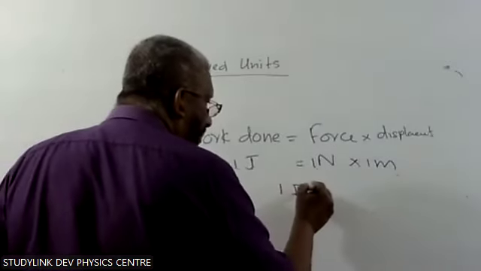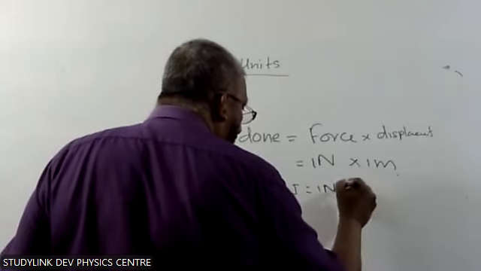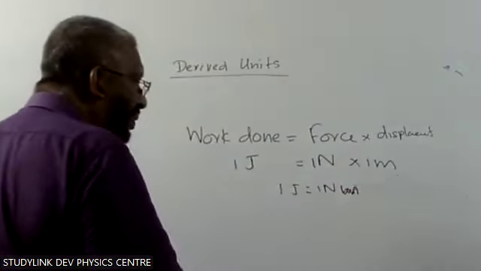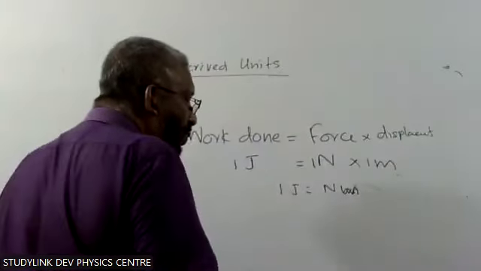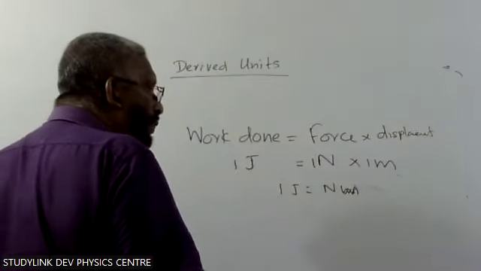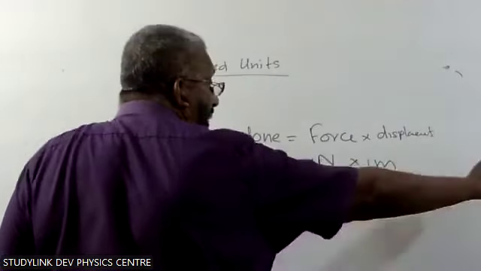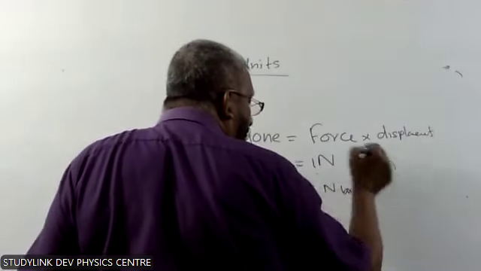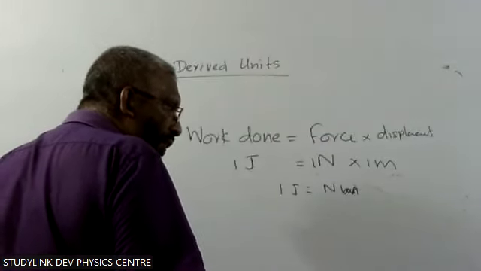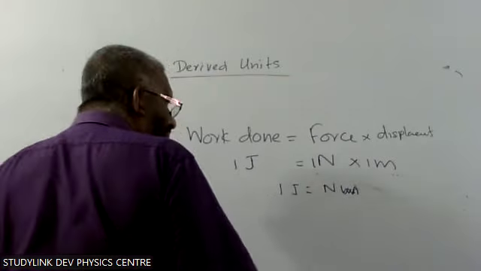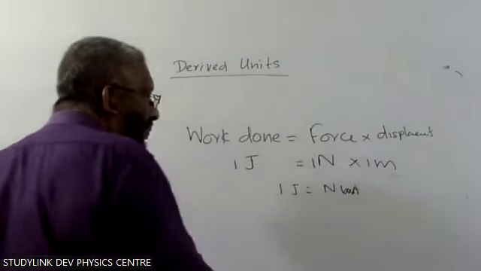That means 1 joule is equal to 1 Nm, newton meter. Now, how to define joule? When a force of 1 newton is displaced by 1 meter to the direction of the force, then the work done is defined as 1 joule.